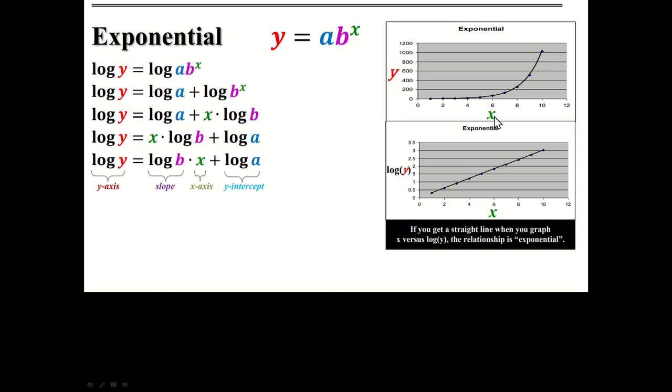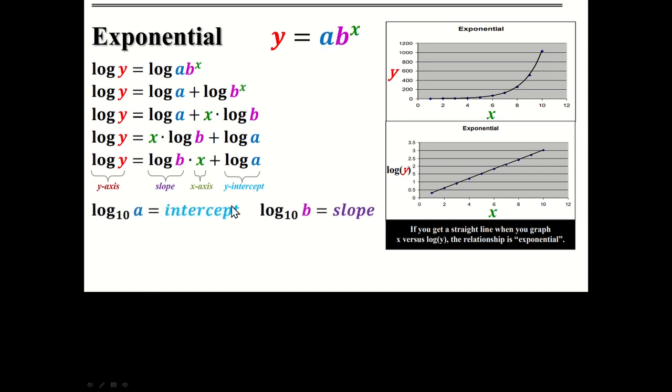So if I graph x versus y and it curves, not linear, it might be power, it might be exponential. But if I don't do anything to the x values, but I do take the log of each y value, then if it turned it into a straight line, it follows this form.